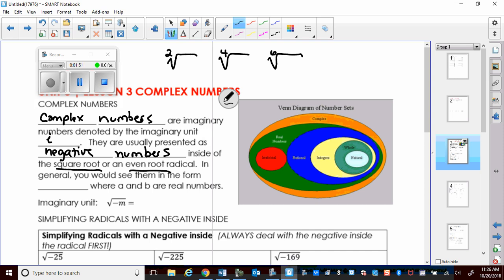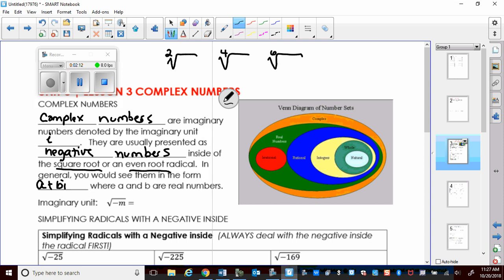So you would see them in the form of generally a plus bi. And we don't really do a lot with the complex number form, this real part and this imaginary part. But the imaginary unit looks like this.